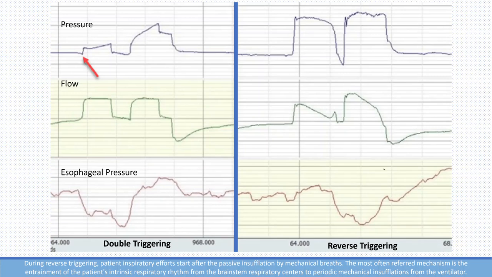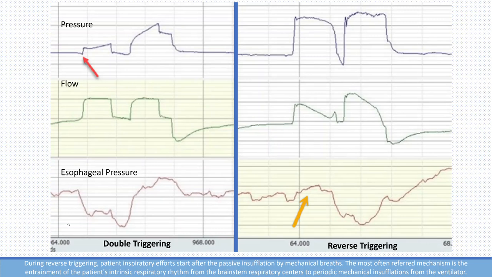Now, if you want to compare reverse triggering with double triggering in terms of initiation of the breath, the first breath here is initiated by time, or triggered by time. It is machine initiated, compared to the first breath in double triggering, which is initiated by the patient. There is no inspiratory effort of the patient during the first breath.